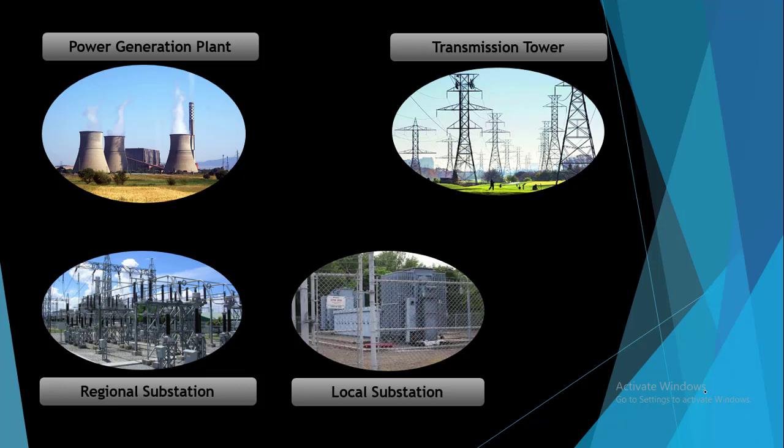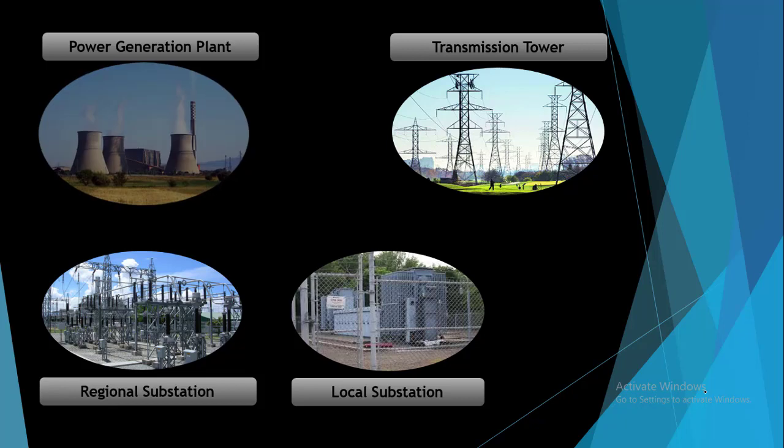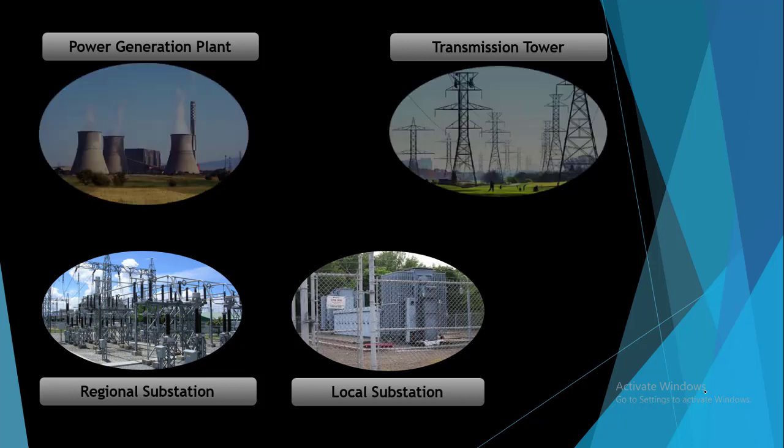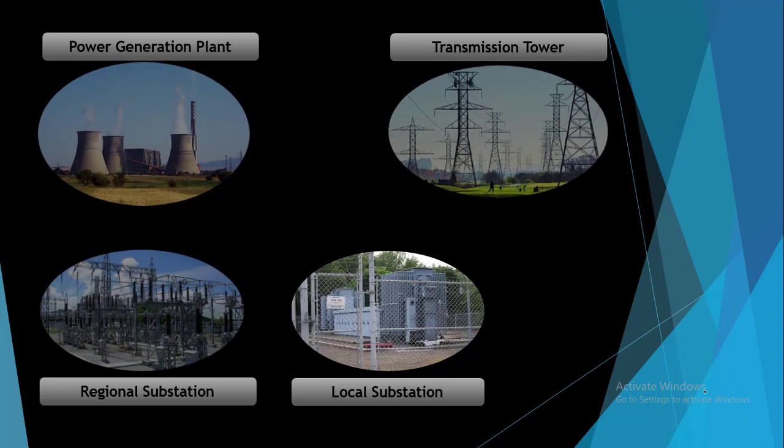Power generation plants can be coal, nuclear, or hydroelectric power plants. These power plants generate a lot of electricity, which is then transmitted to multiple substations using transmission towers.